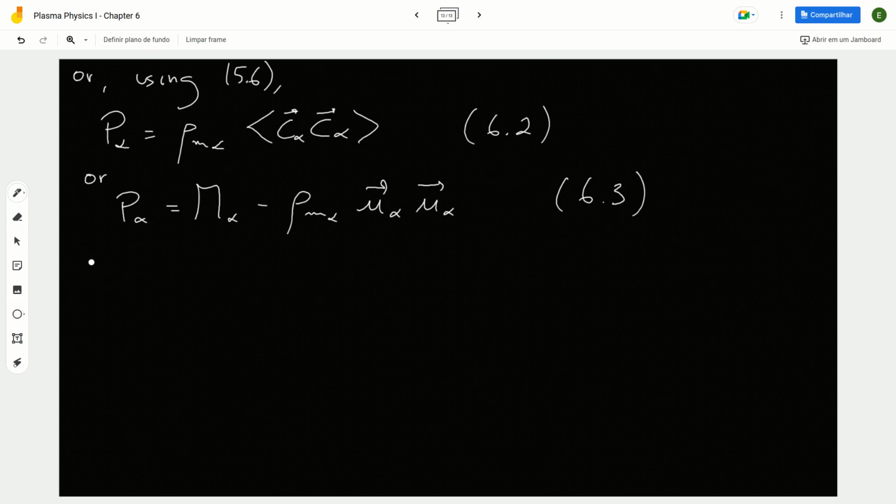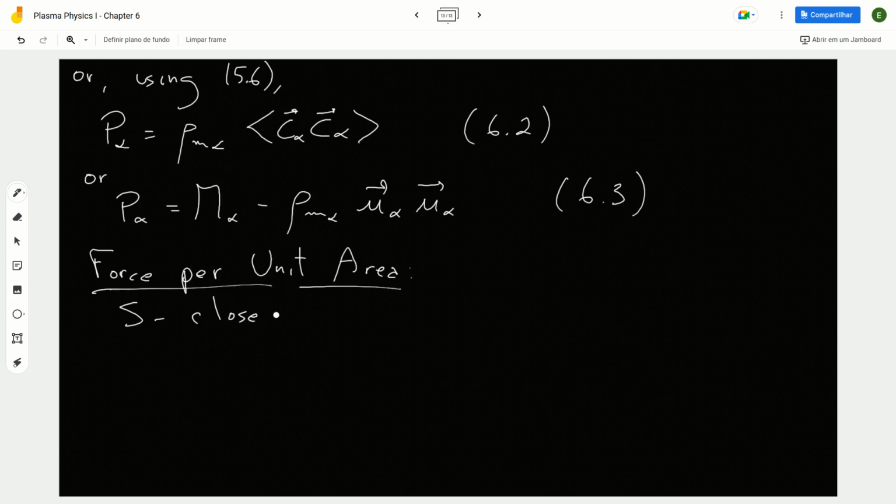Another quantity is force per unit area. This is useful as well. Suppose we have a surface. This is a closed surface in the plasma.